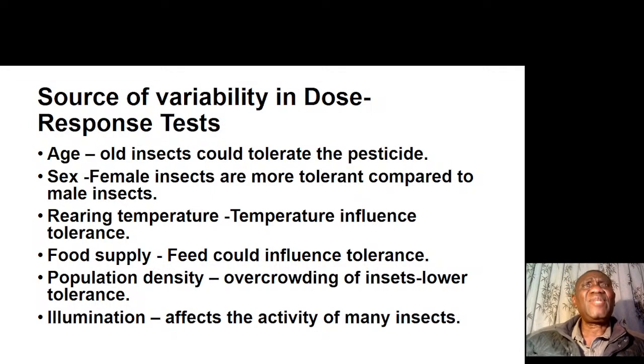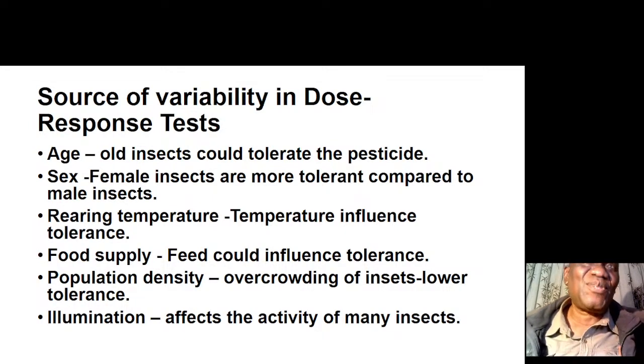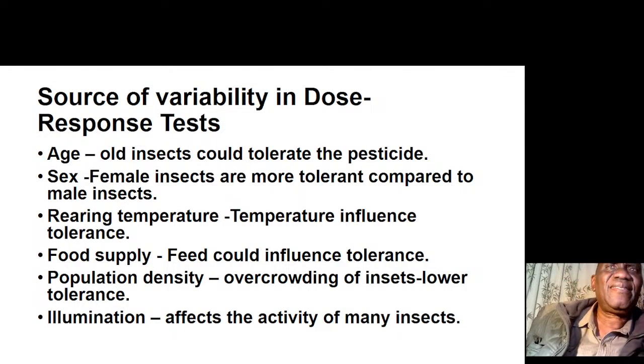Now, when we conduct these studies, in order to get an idea of how toxic a pesticide can be, there are certain factors which can affect the response we get.